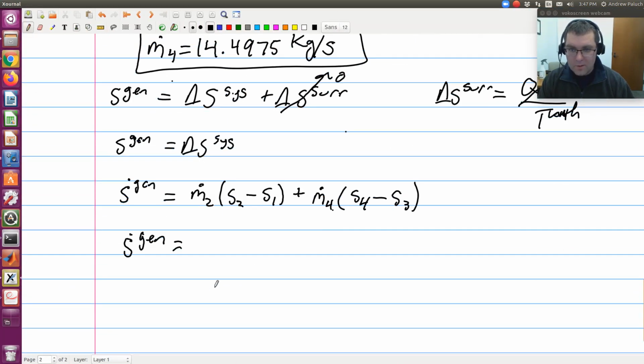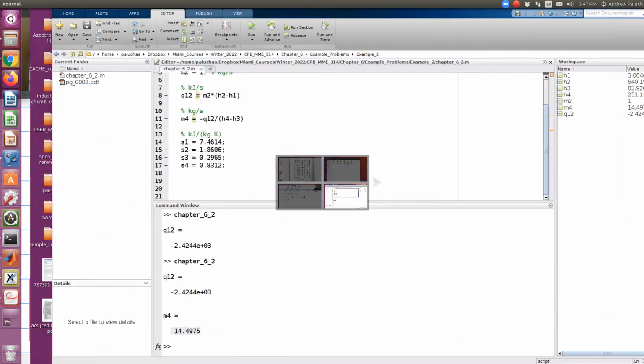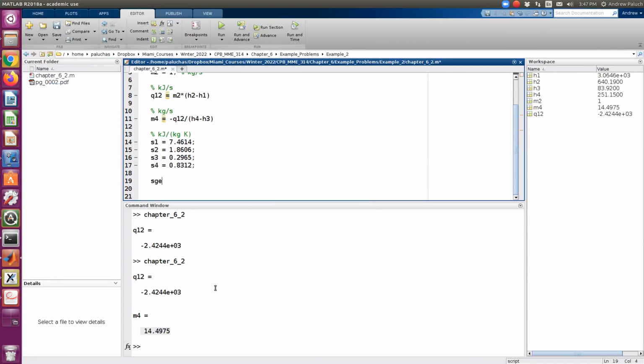So then Sgen, keeping track of units, the entropy is kilojoules per kilogram Kelvin. We're multiplying by my mass flow rate, which is kilograms per second. So Sgen will have units of kilojoules per second Kelvin, so kilojoules per Kelvin second.